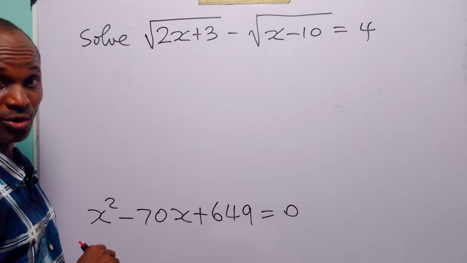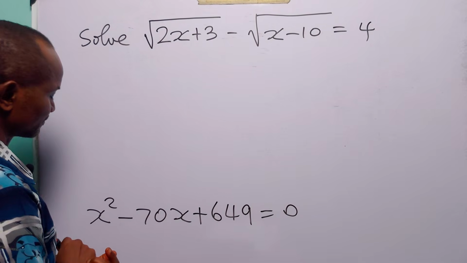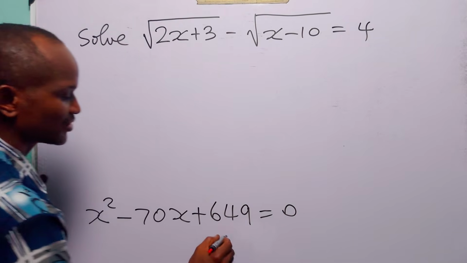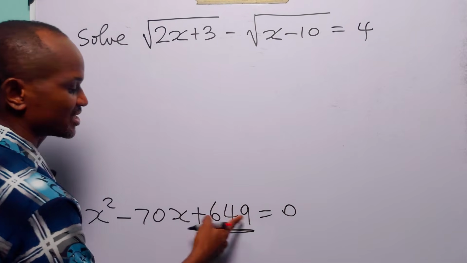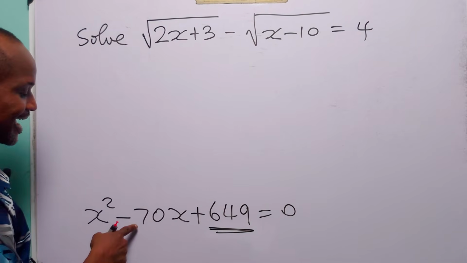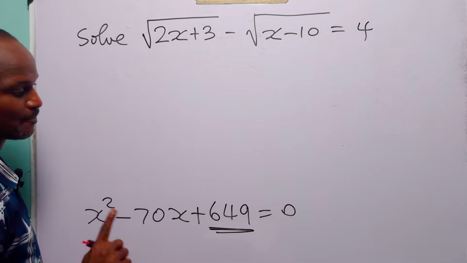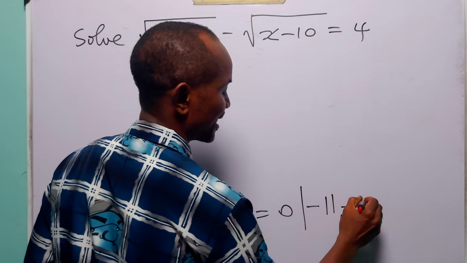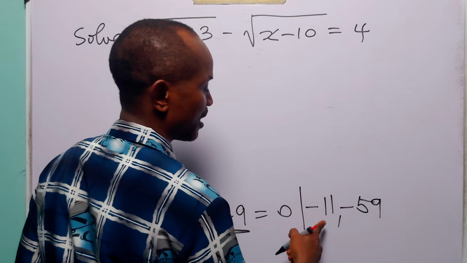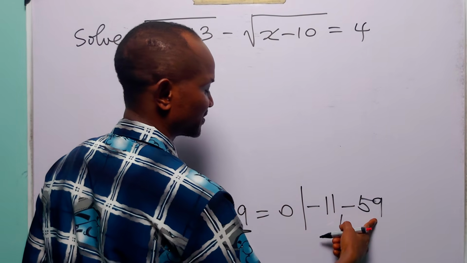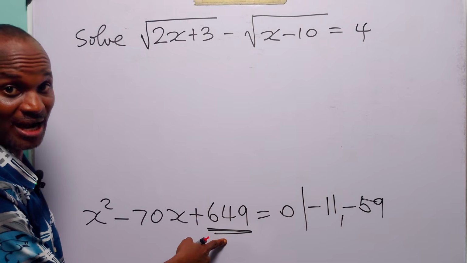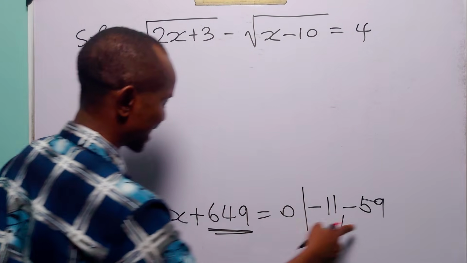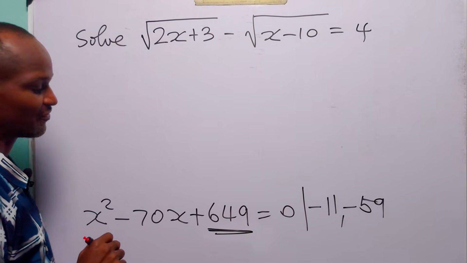Now we can solve this quadratic equation by factorization. Since the coefficient of x squared is 1, all we need to do is to find the factors of 649 that add up to minus 70. Now we have minus 11 and minus 59. Minus 11 times minus 59 is going to give us 649, while minus 11 minus 59 is going to give us minus 70.